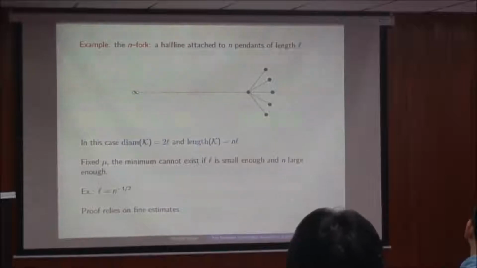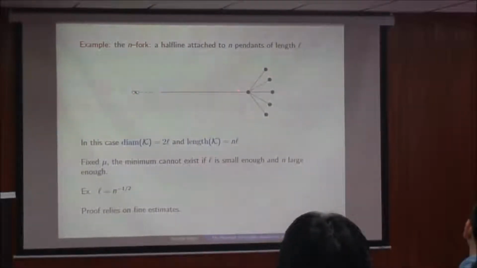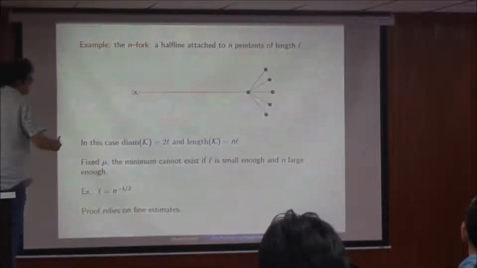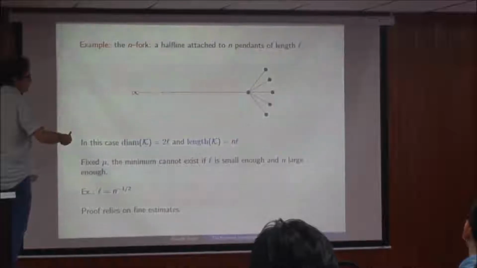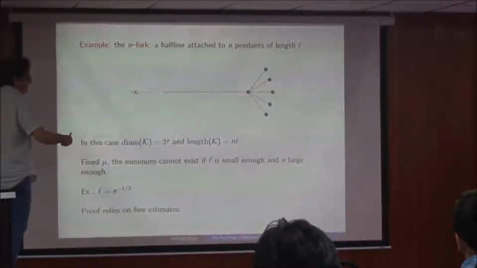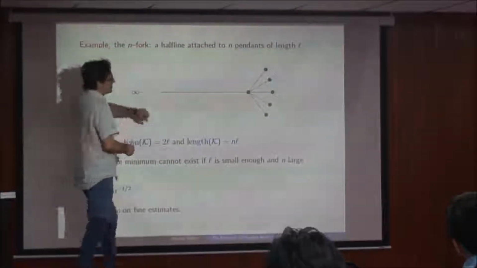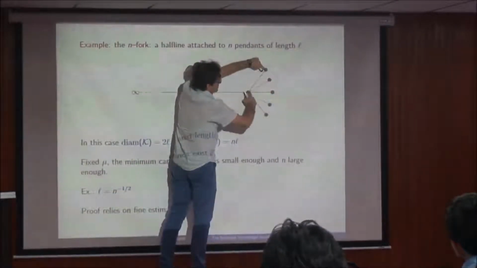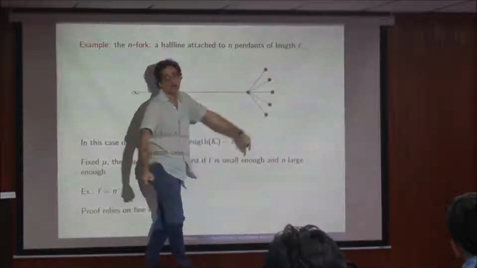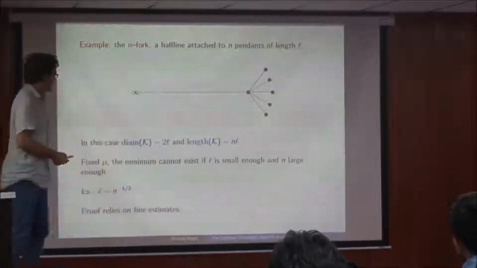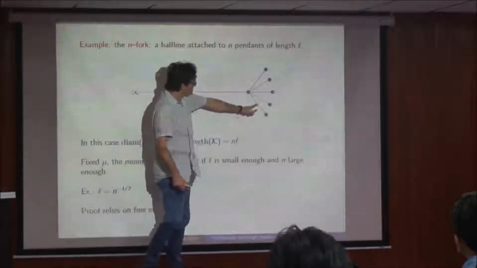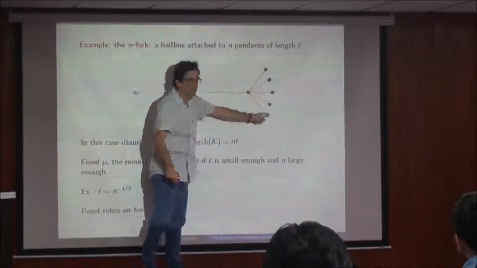So if the length of any pendant here is the same and is equal to L, then the diameter of this set is equal to 2 times L, because the maximal distance is between two vertices, L plus L. But at the same time, the length is N times L, where N is the number of pendants.